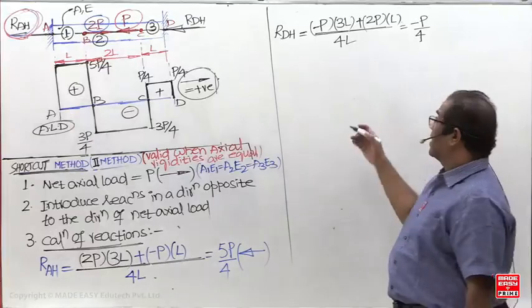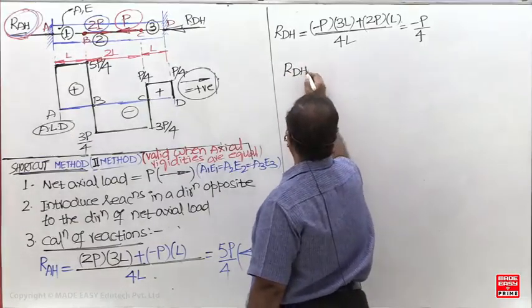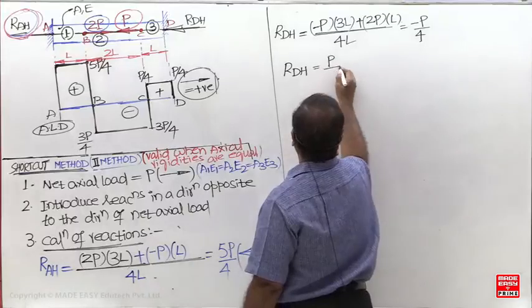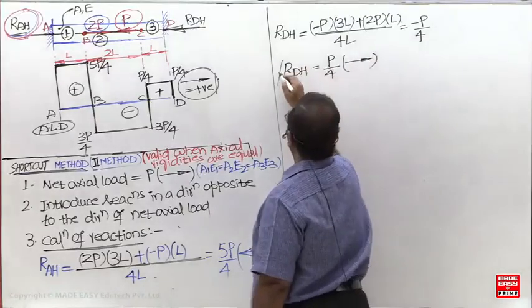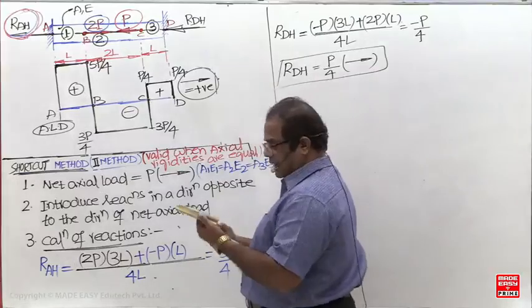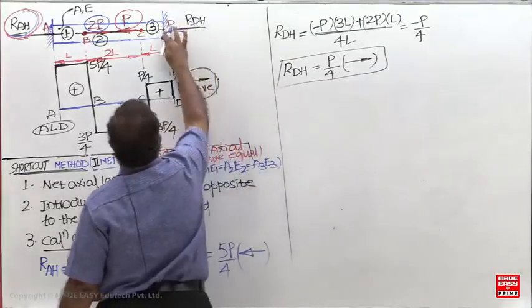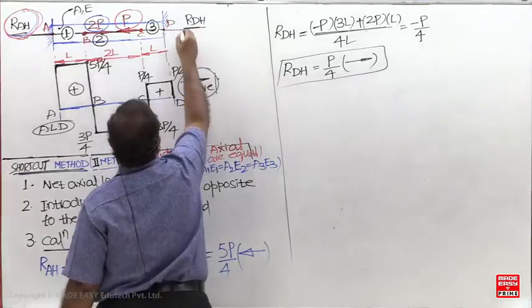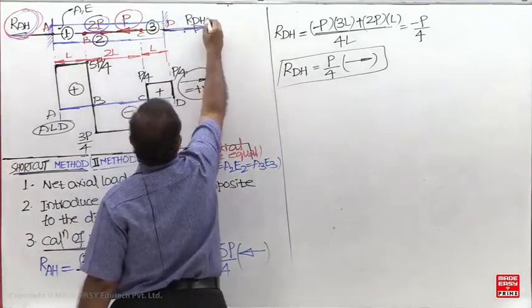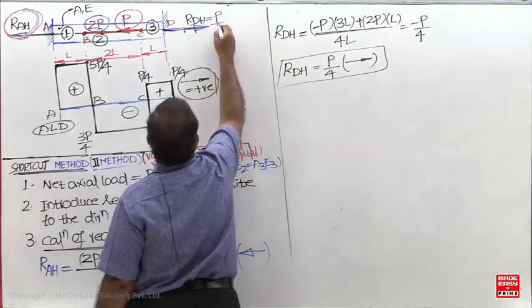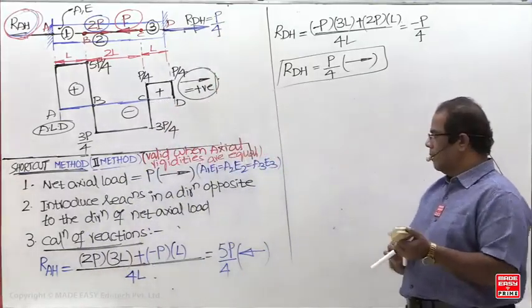I am getting a negative, and negative means the assumed direction is incorrect. So it should be P by 4 towards the right side. That's all.